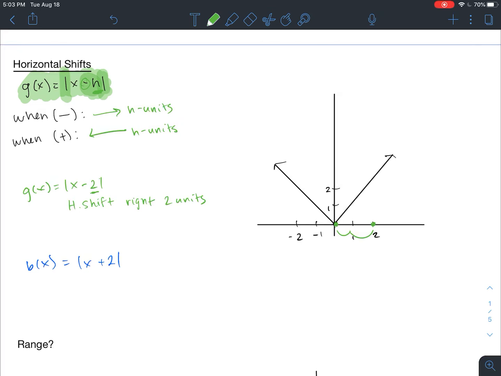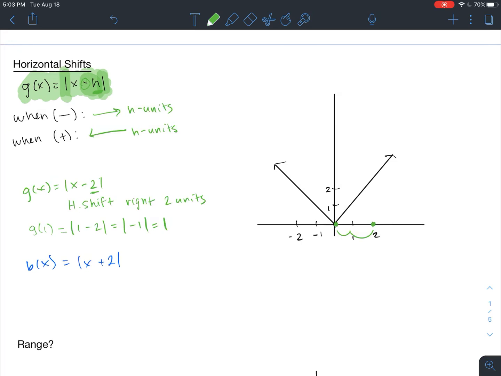As an example, I'm going to put 1 into our equation. So I do g of 1. I'm going to get the absolute value of 1 minus 2. Well, that's going to equal the absolute value of negative 1. And the absolute value of negative 1 is 1.